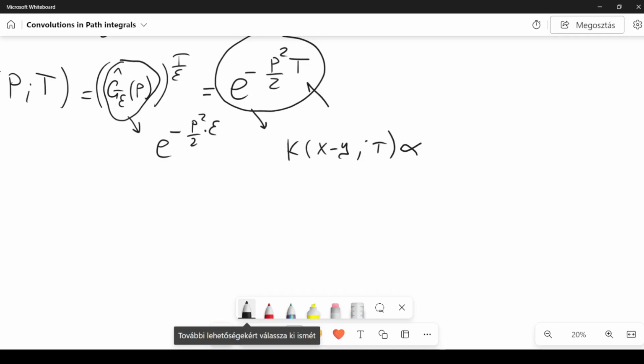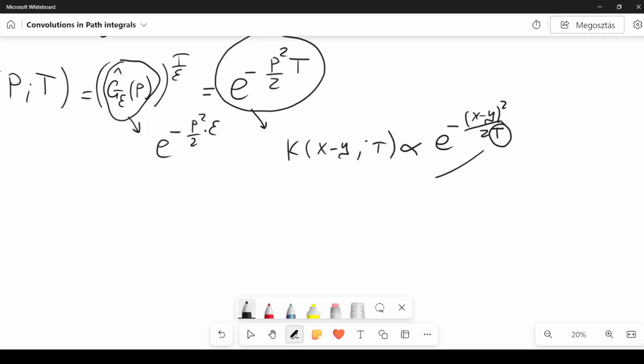And the inverse transform of that is e to the minus x minus y squared over 2, and this t will appear in the denominator because of what I said earlier. So in particular, this is the variance of this function. When we go to the Fourier domain, the variance appears in the numerator.